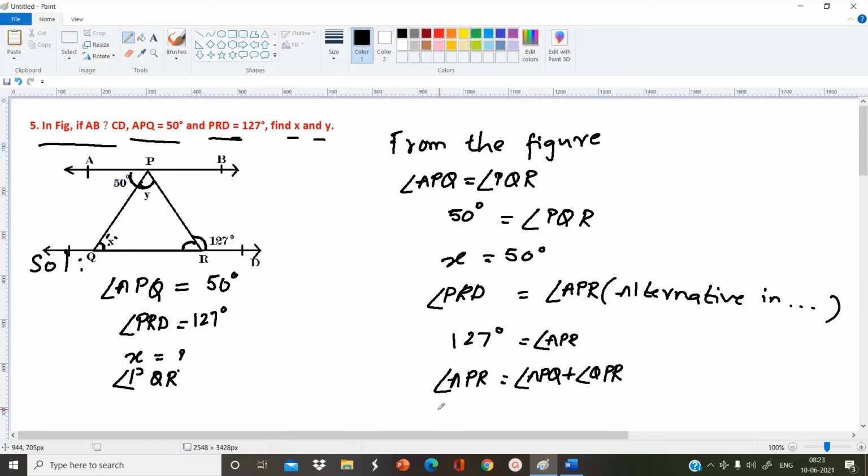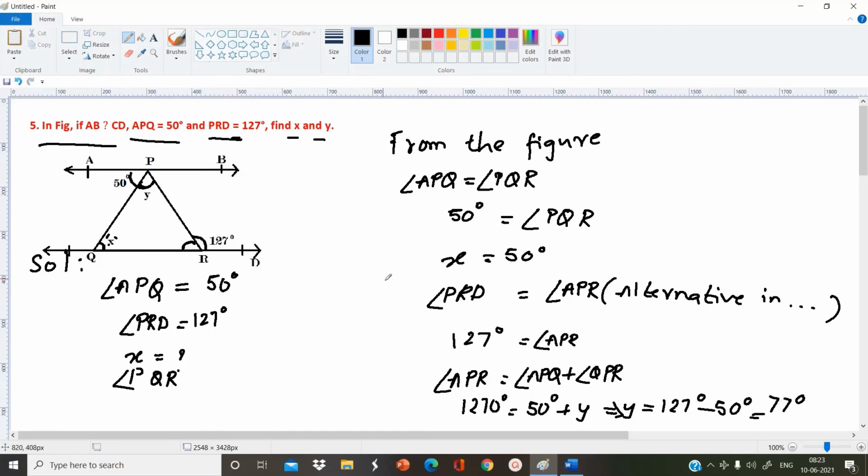Here we have angle APR value 127 degrees equals angle APQ value 50 degrees plus QPR value Y. From this, Y equals 127 degrees minus 50 degrees, that equals 77 degrees.